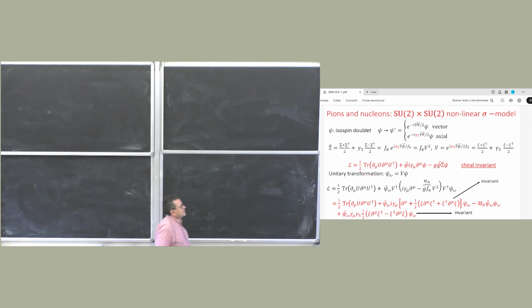If you remember, yesterday we were talking about pions, and then we said, what happens if we include also nucleons in the business? I think that Xiang-Kun has shown you that this object here, psi bar, psi tilde, psi, is a chiral invariant, right?